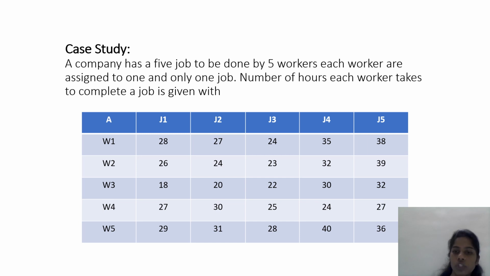The jobs are denoted J1, J2, J3, J4 and J5 and the workers are denoted W1, W2, W3, W4 and W5, and the hours for the jobs done by them are here.